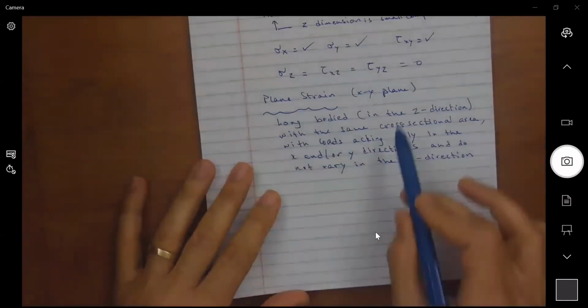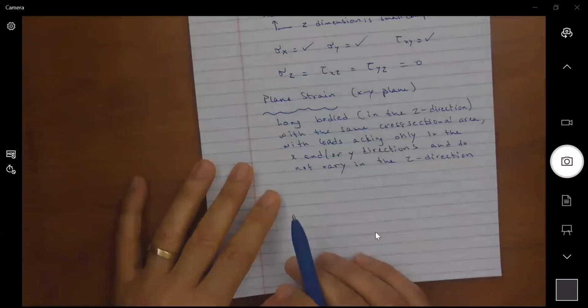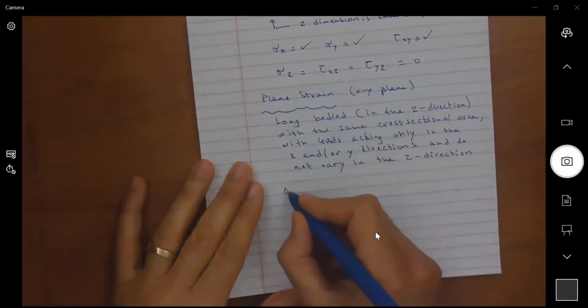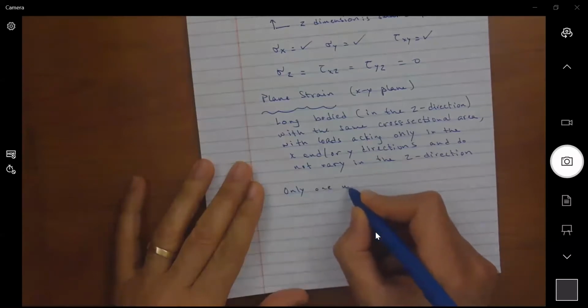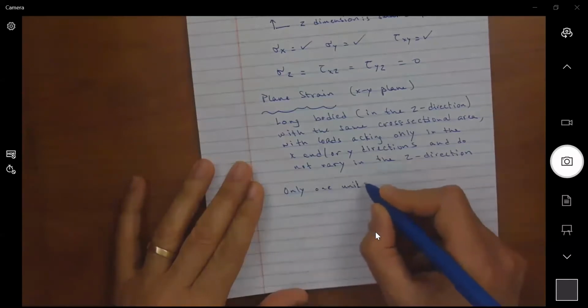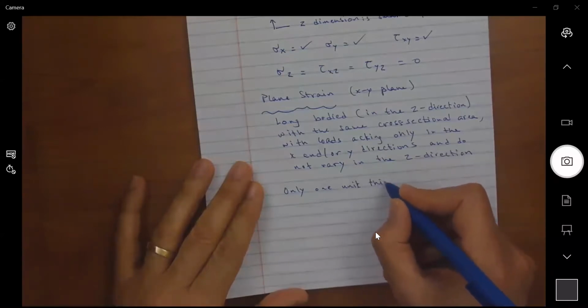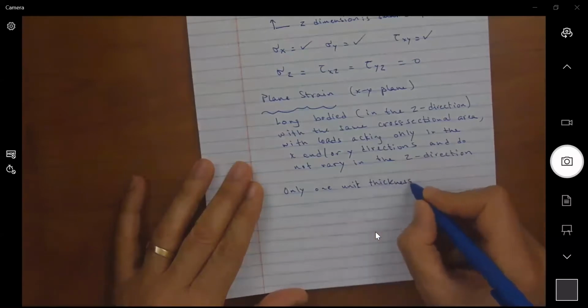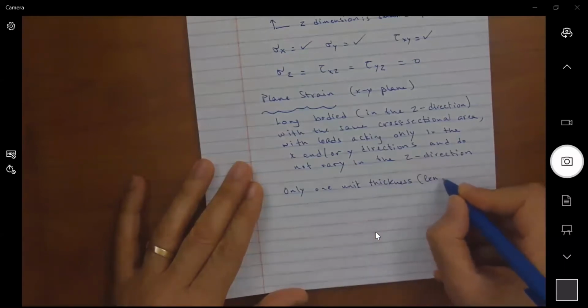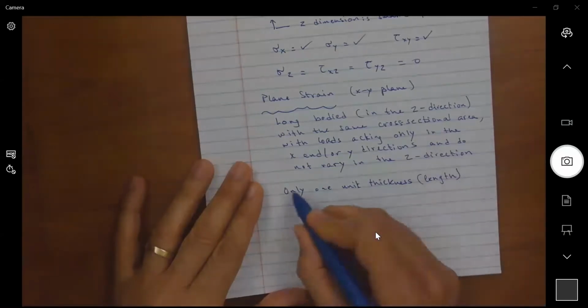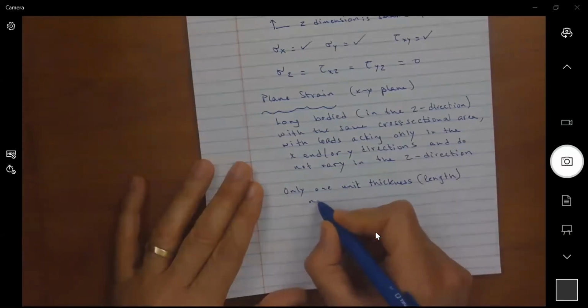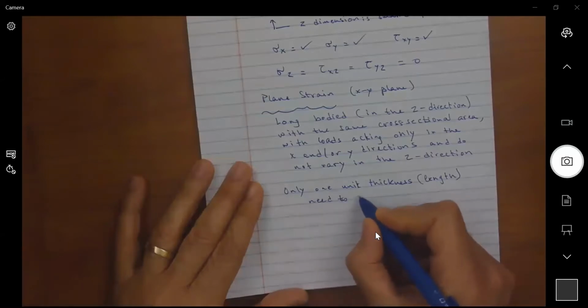Now, when we are looking at a case of plane strain, we can use only one unit thickness or length that needs to be considered.